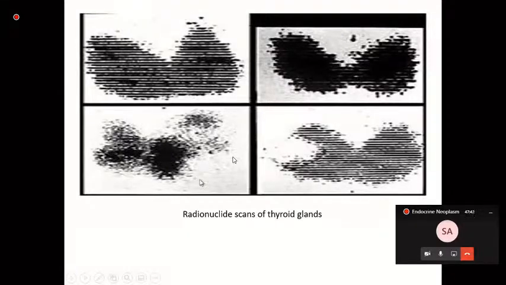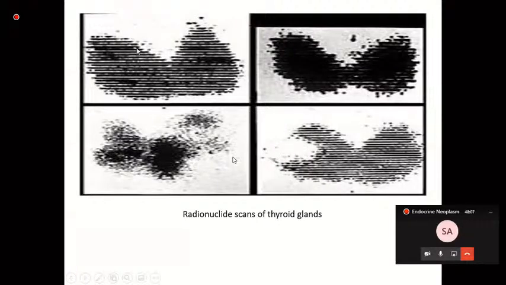Graves' disease. And this one? Multinodular goiter. Yeah, very good. This one indicates what? Solitary adenoma. What about this? Which we call a cold nodule.